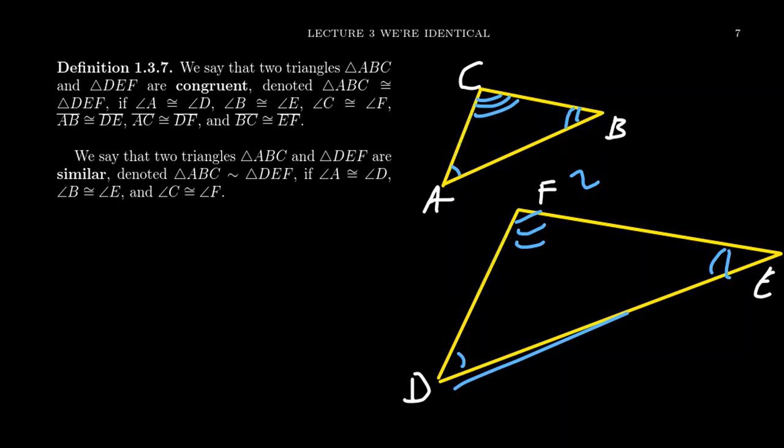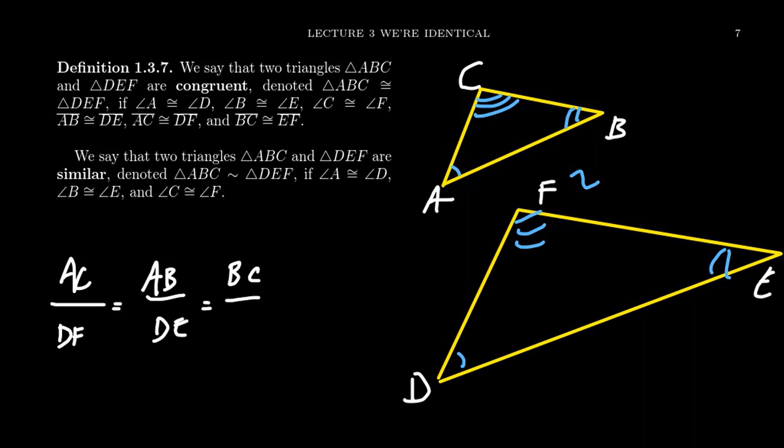And so if we look at the proportions here, if you take AC, the length there, and divide it by DF, this is equal to the same thing as AB divided by DE, which is the same thing as BC divided by EF. And these are all equal to some constant. So like maybe the triangle is twice as big or 3 times as big or 1.5 times as big. This is what we get by proportionality. These ratios are always the same.